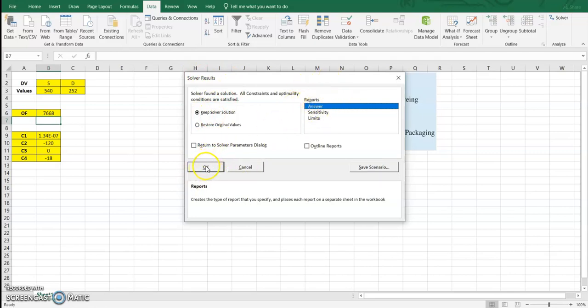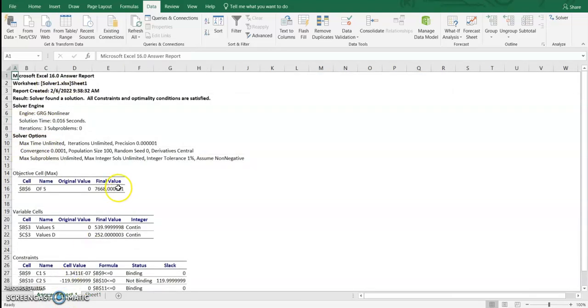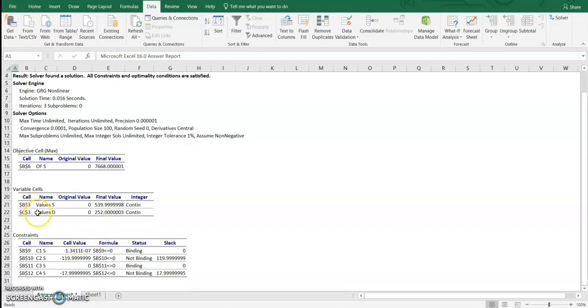So I click these parts and okay. Now we can go and check the answer. They are the answers that we see. It says value of D is 252 and value of S is 539.9999 and things like that.